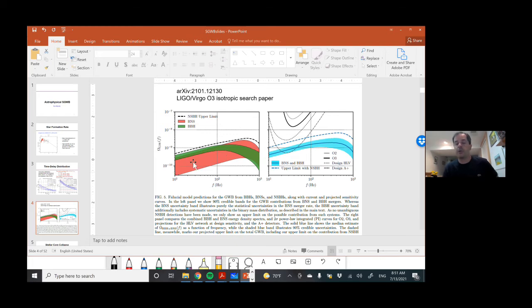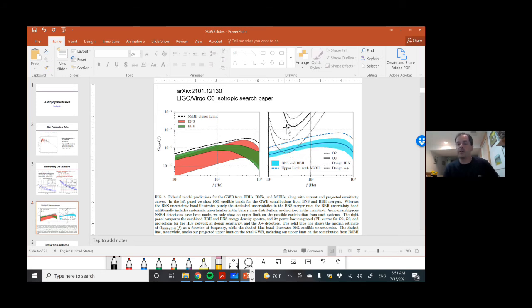And then if you put these 2 together, you would get this on the right-hand side, this blue band, and that's, at this point, our best guess of where the stochastic background amplitude should be as a function of frequency for the compact binary systems, combining neutron stars and black holes together.